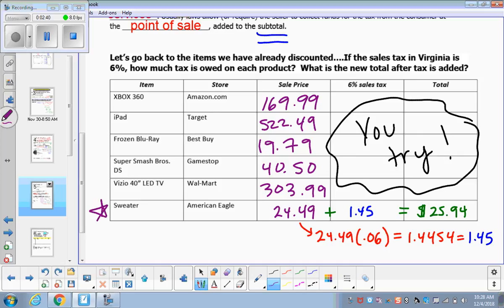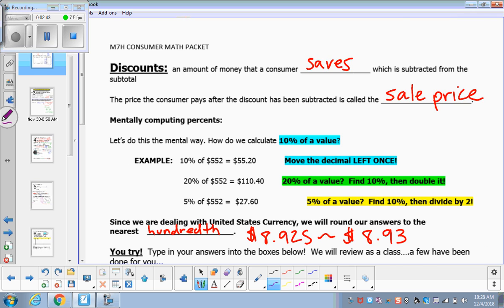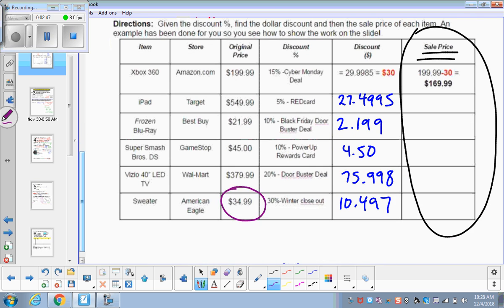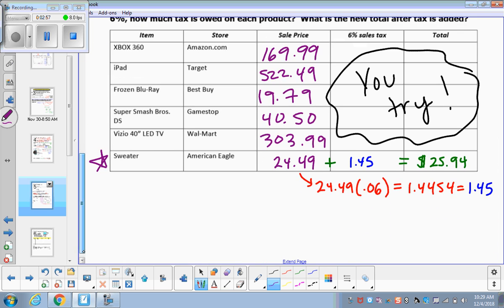We were already told back on page 1, the sweater started out at $34.99, and we already took 30% off, meaning we already subtracted the $10.50. That's how we got the amount that we're looking at here on page 3. So now, with the discount, the sweater costs $24.49.